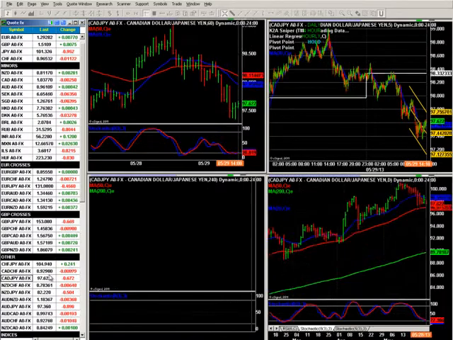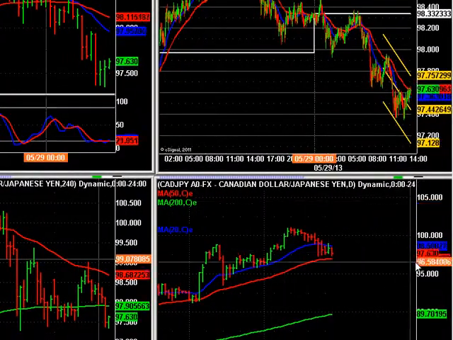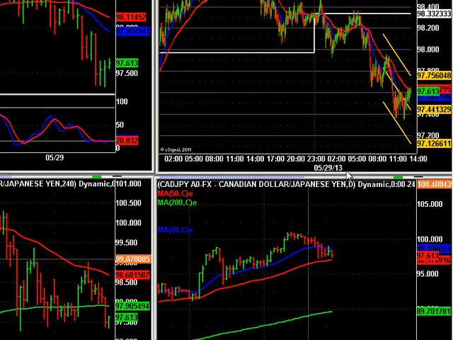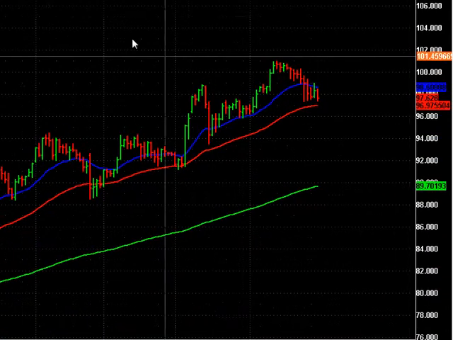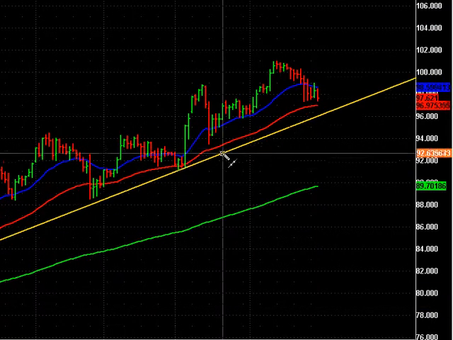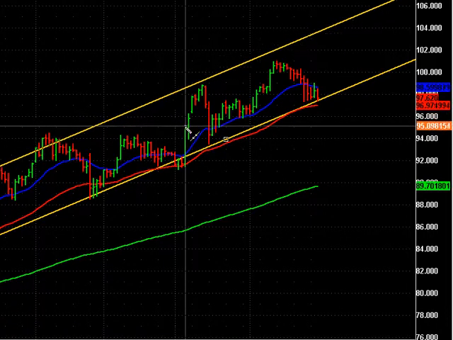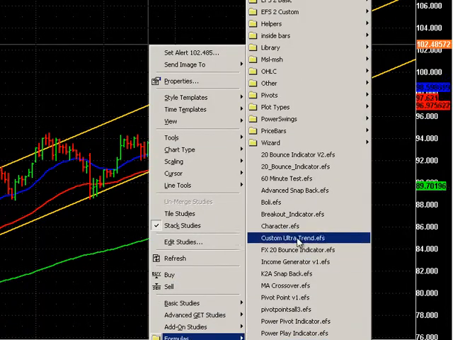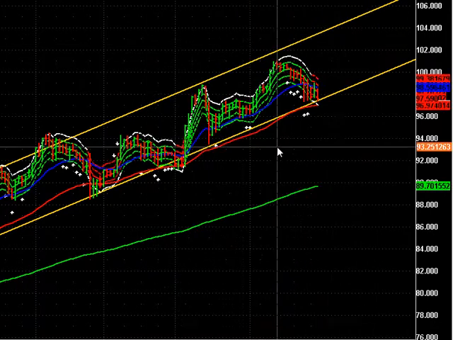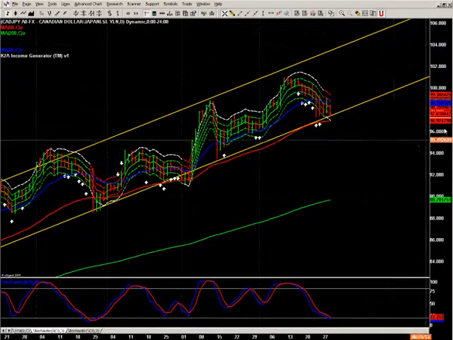We got CAD yen. CAD yen could potentially set up for income generators to the upside. It's just going up nicely. There it is. Let's put the IG page. So there we go, IG page in place.